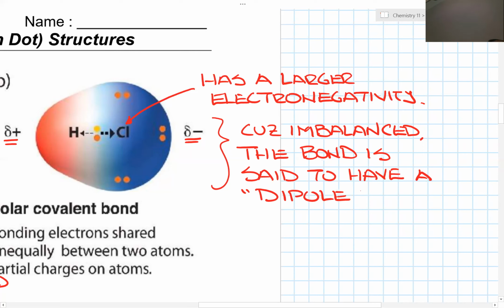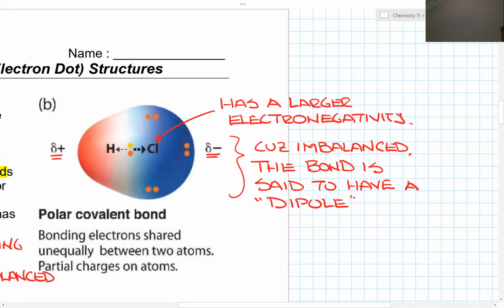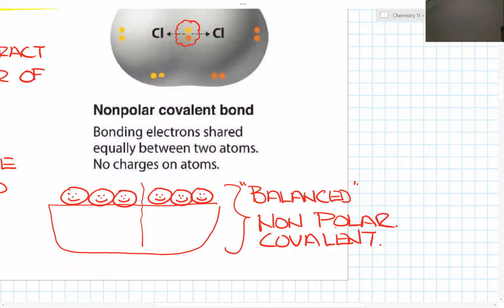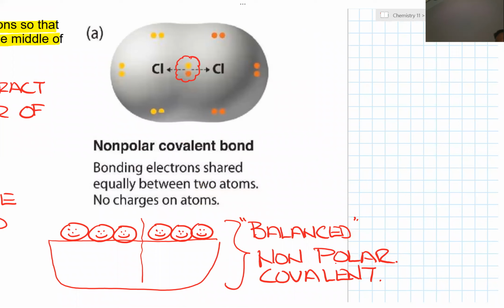Dipole means di means 2, poles means 2 ends. So just like a magnet, okay? So this has a dipole. Here, because in this case it's perfectly balanced, there is no partial negative or partial positive charge. Therefore, there is no dipole.